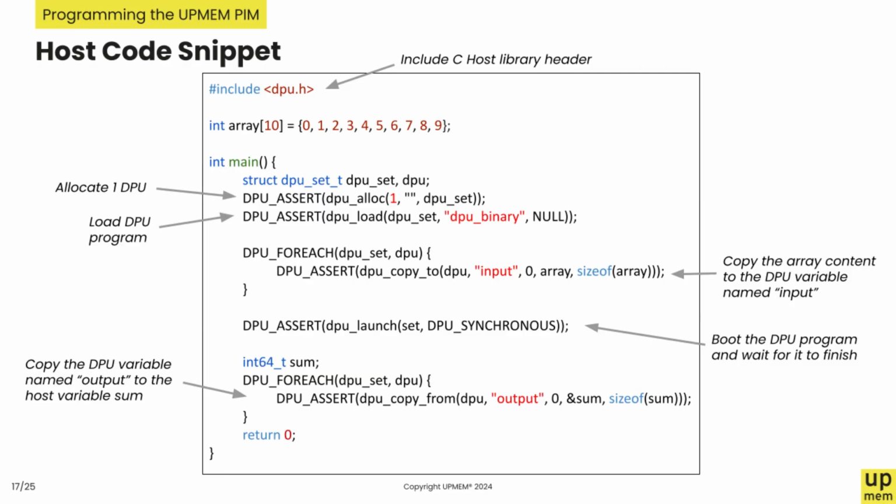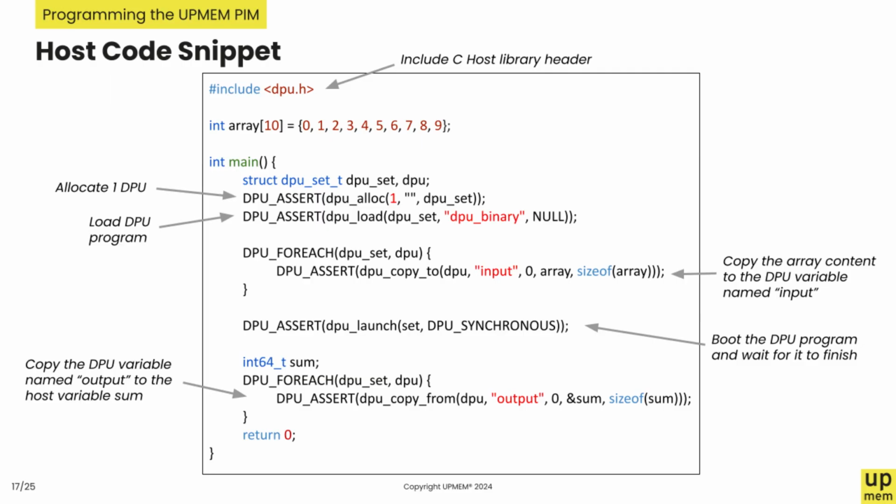Then after we have transferred the data, we're going to launch the execution of the DPU. And in this case, we are launching it in synchronous mode. So synchronous mode means that it's blocking. You're going to start the DPU and then wait until the execution is over before resuming.